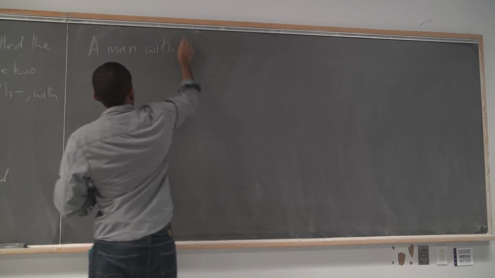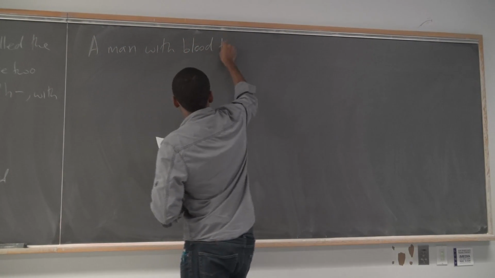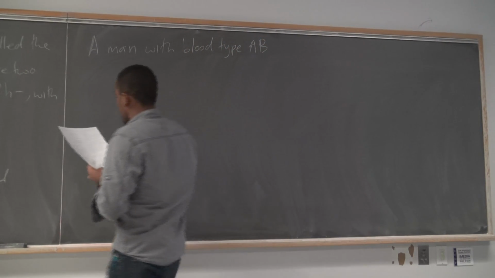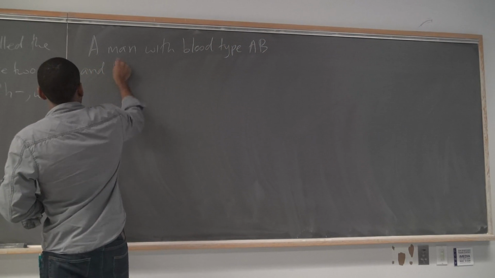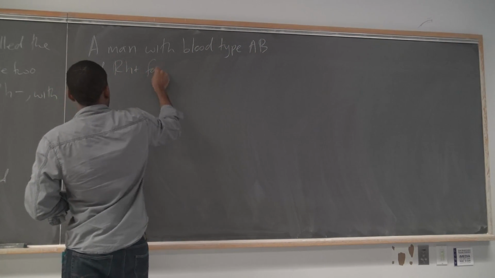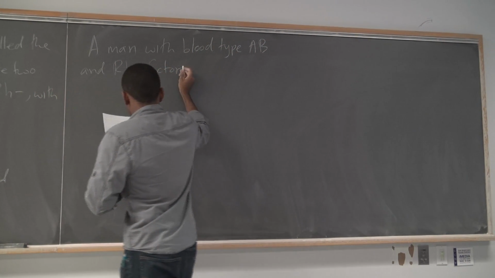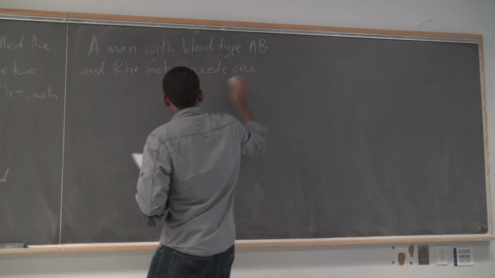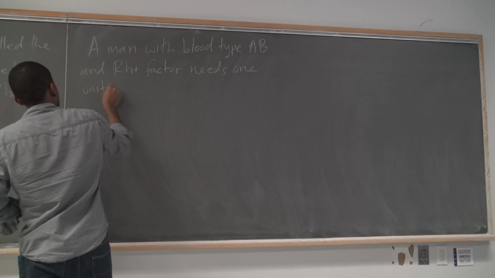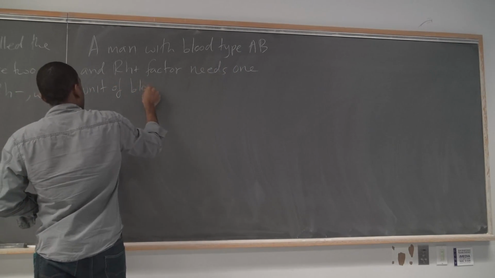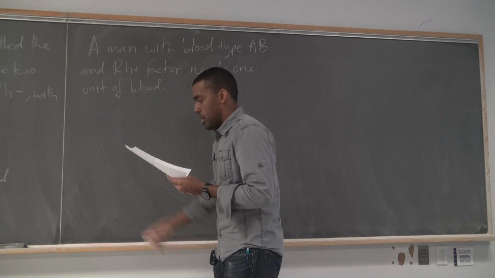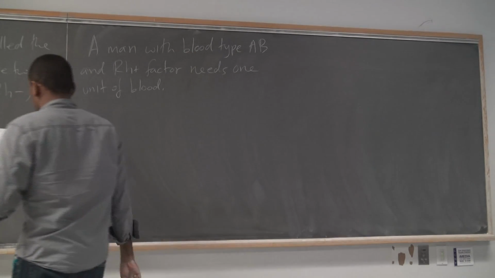A man with blood type AB and an Rh plus factor needs 1 unit of blood. After being in a terrible accident or something, right?